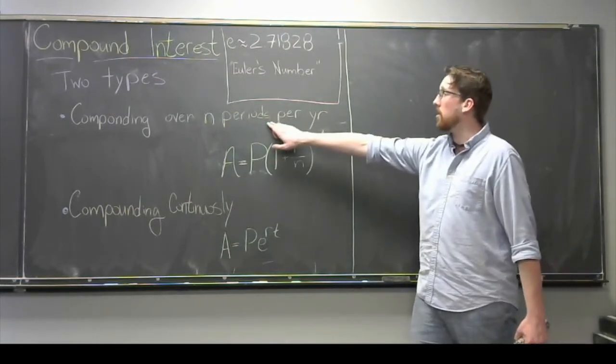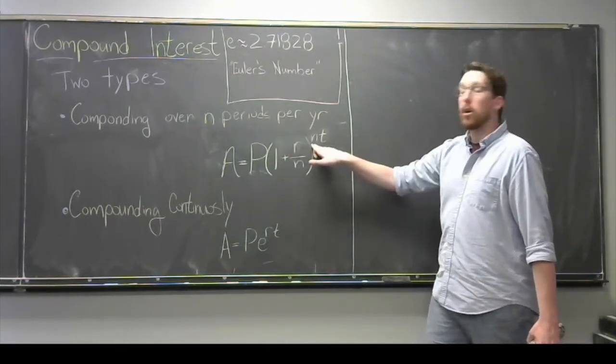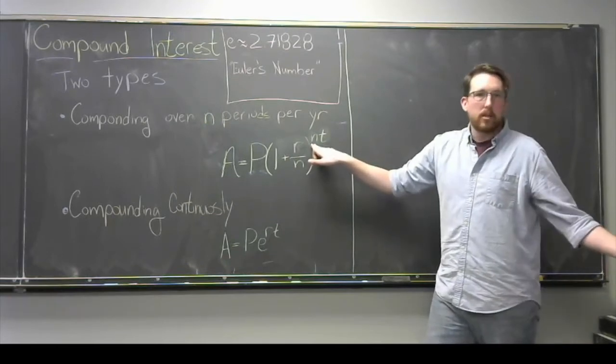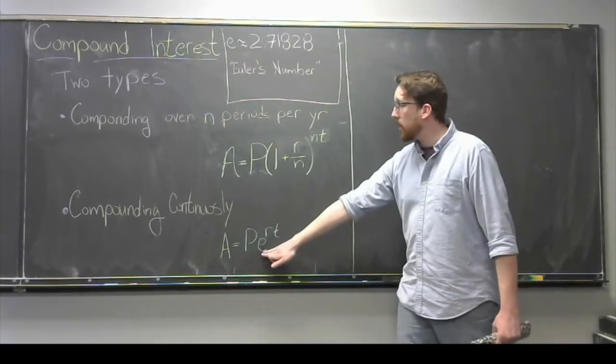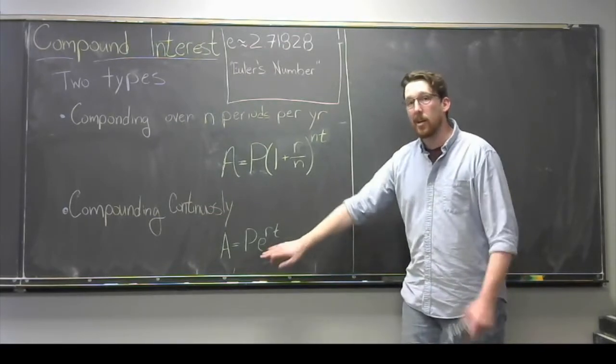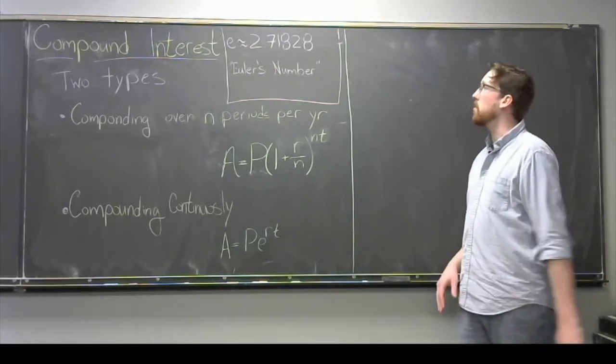In the case of compounding over n periods, n is the number of periods. In the case of continuous, though, we have this E. Like I said, I'm happy you asked what that E was.